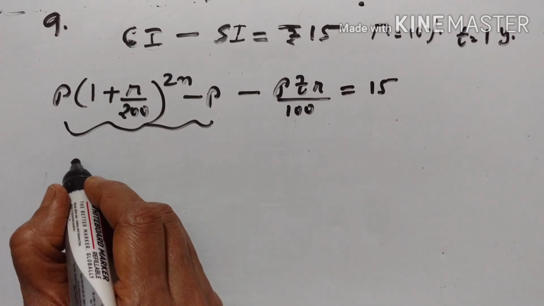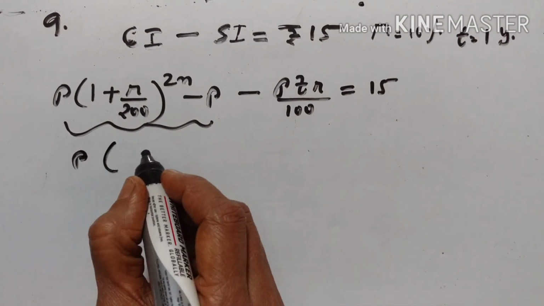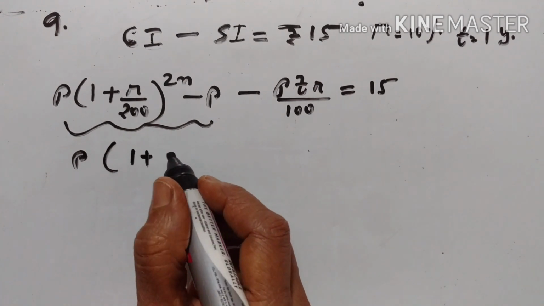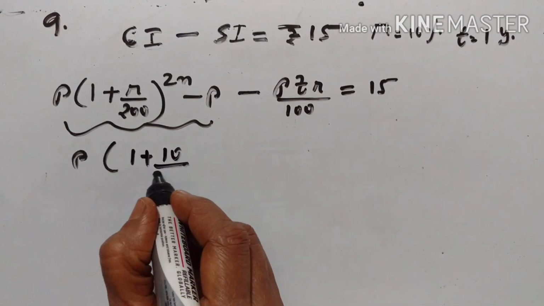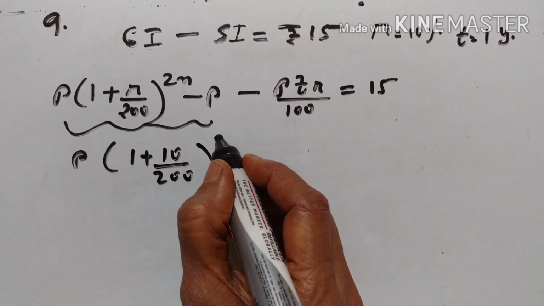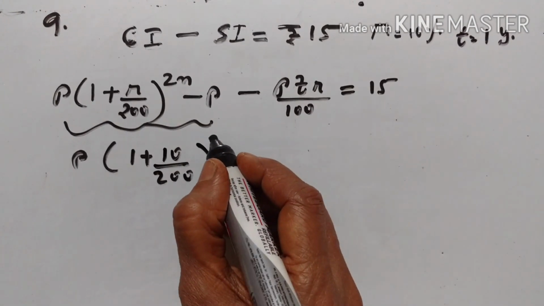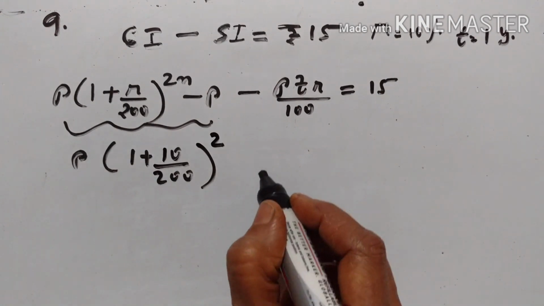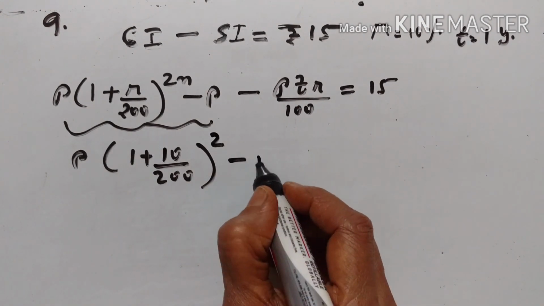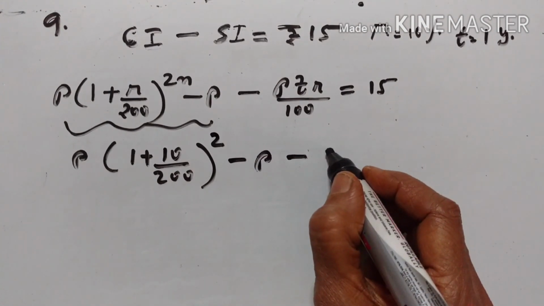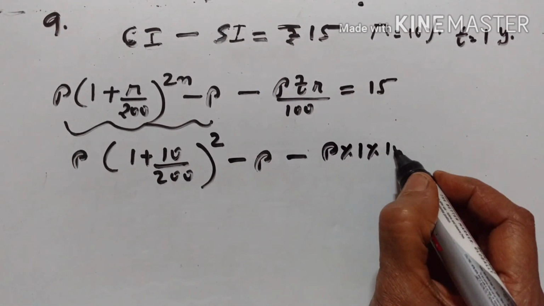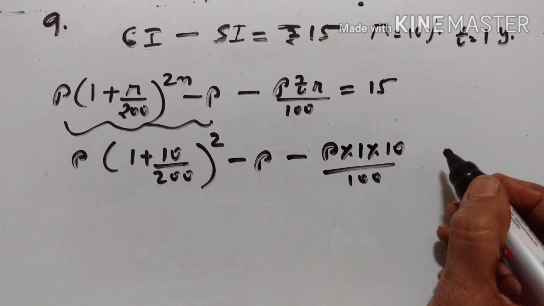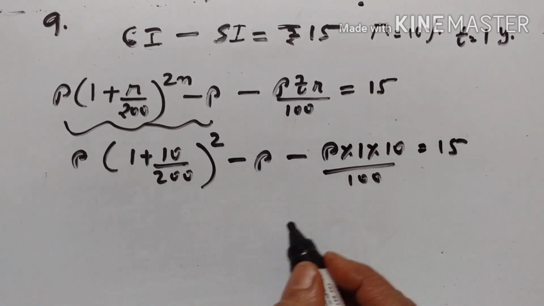Principal we have to find out. So P into 1 plus rate is equal to 10%, upon 200, raised to the power of 2 into number of years is equal to 1. So 2, minus P into time into rate upon 100 is equal to 15.